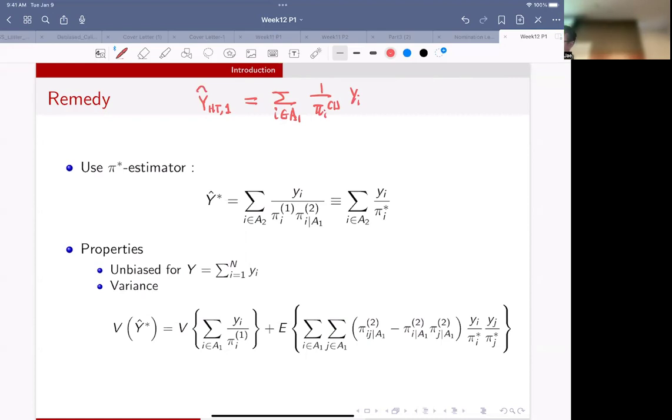And this is unbiased. Of course, this is unbiased for y, that's no problem.